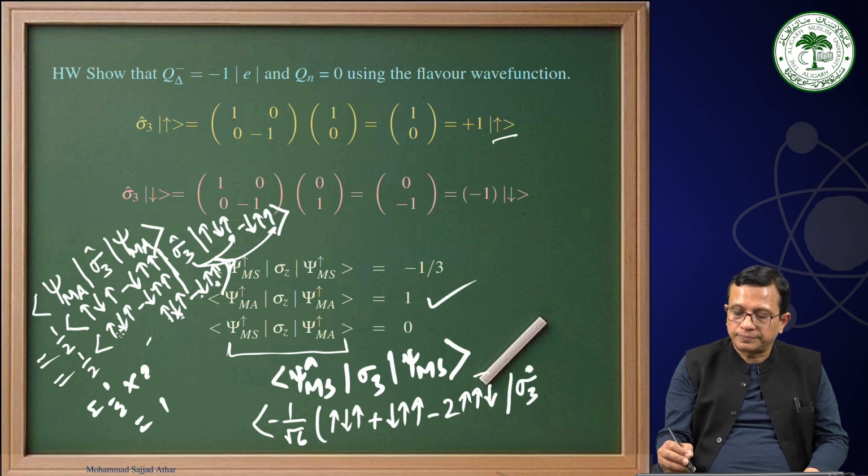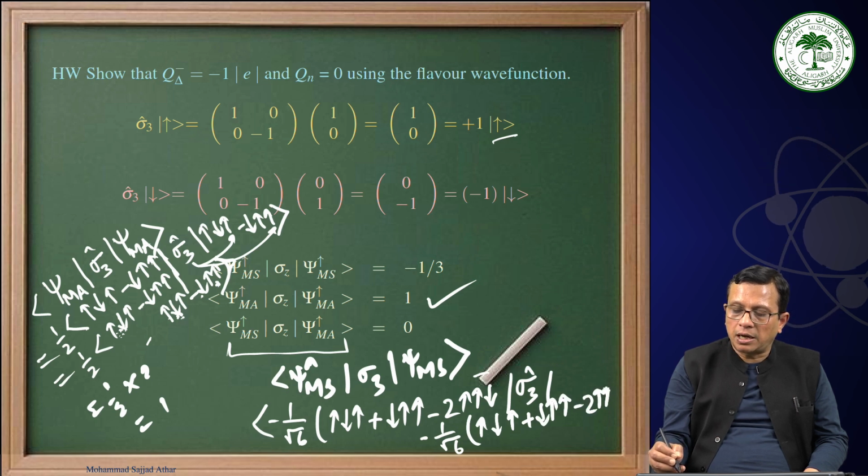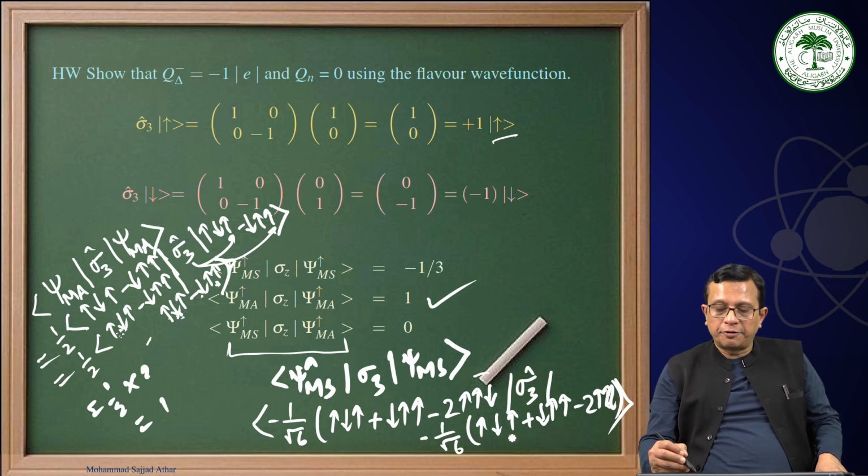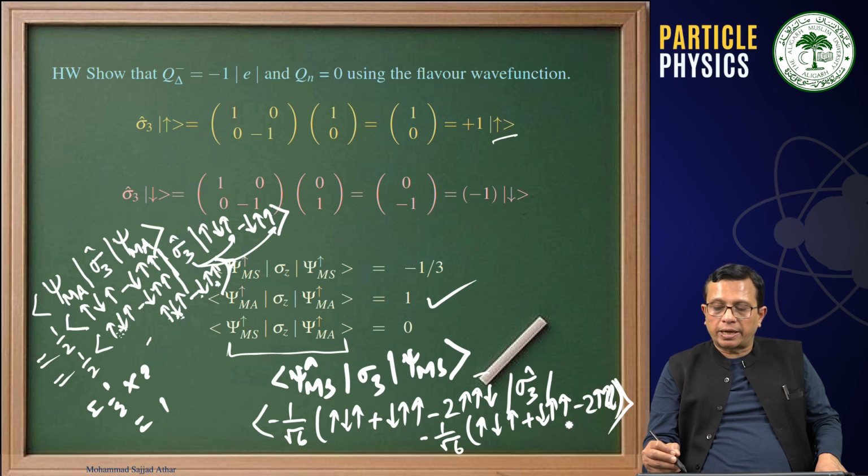Sigma 3 operating on 1 by root 6 with a minus sign, up, up, plus down, up, minus twice up, down. And you see, sigma 3 will operate here and will give me plus 1 eigenvalue. This will give me plus 1 eigenvalue.